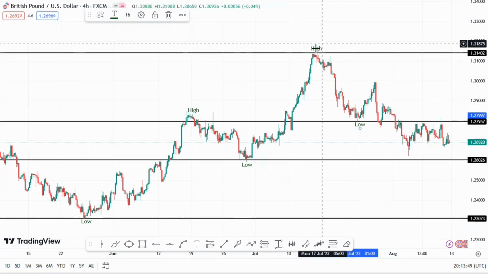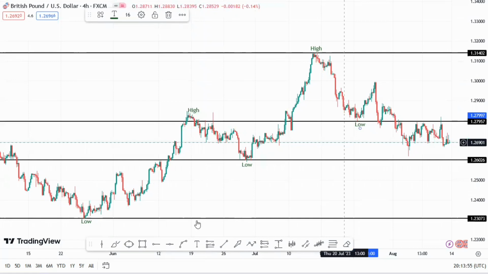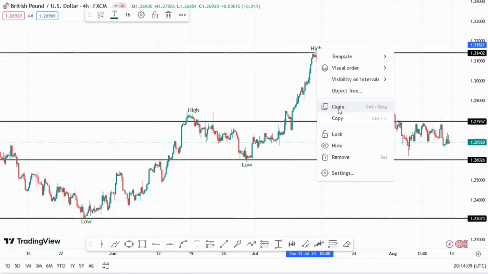So right here, I'm just writing lows, highs, just to show you something. As you can see, we failed to create a high here, but look what we created from this low. We created a lower high.